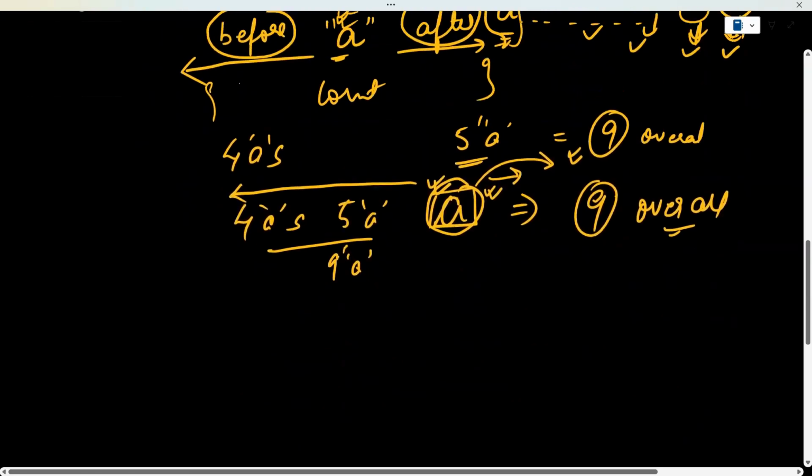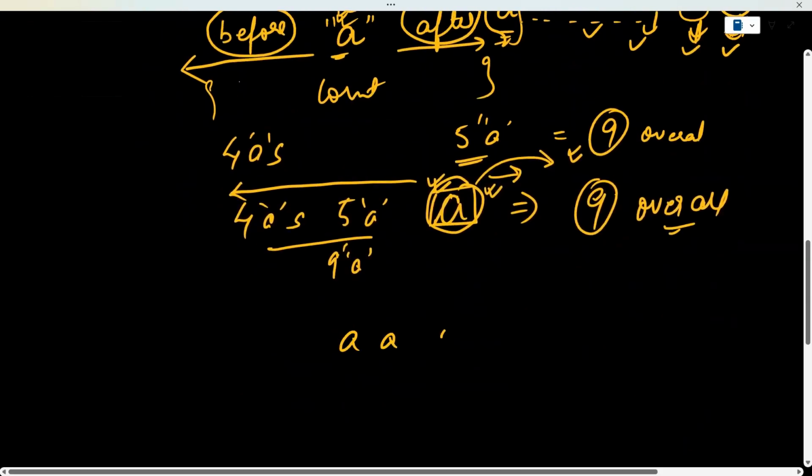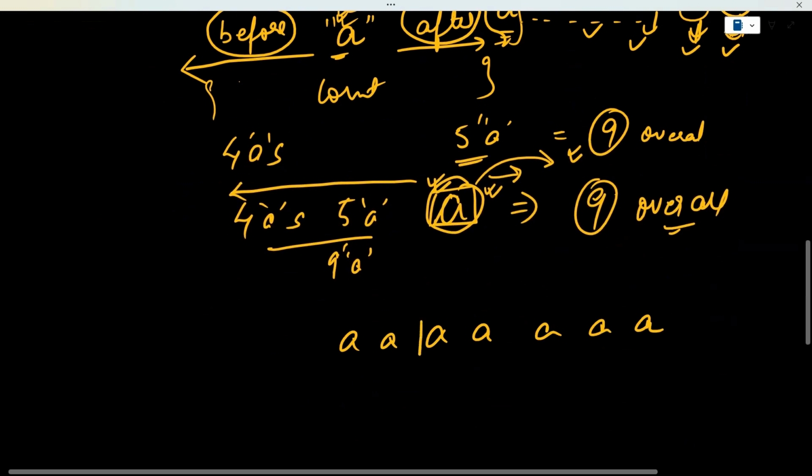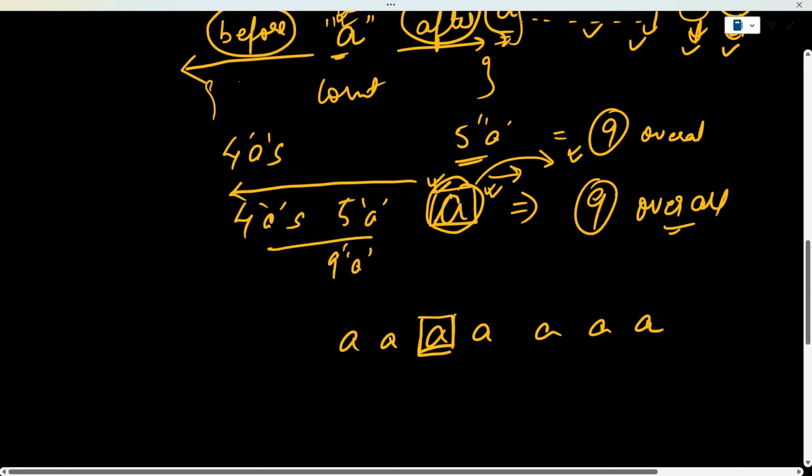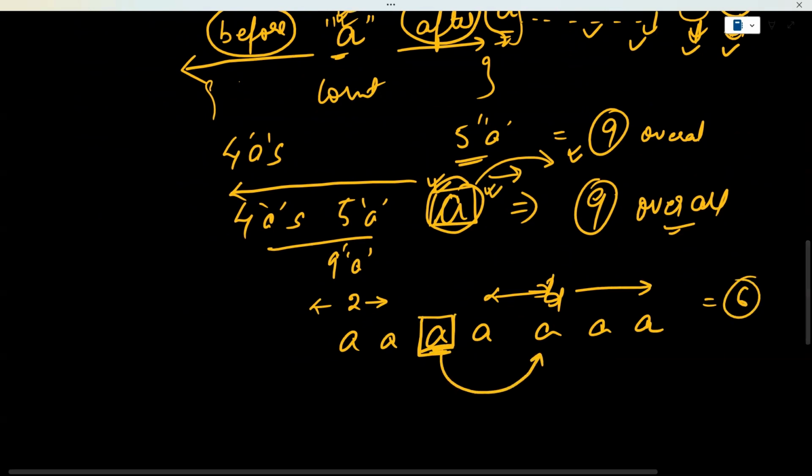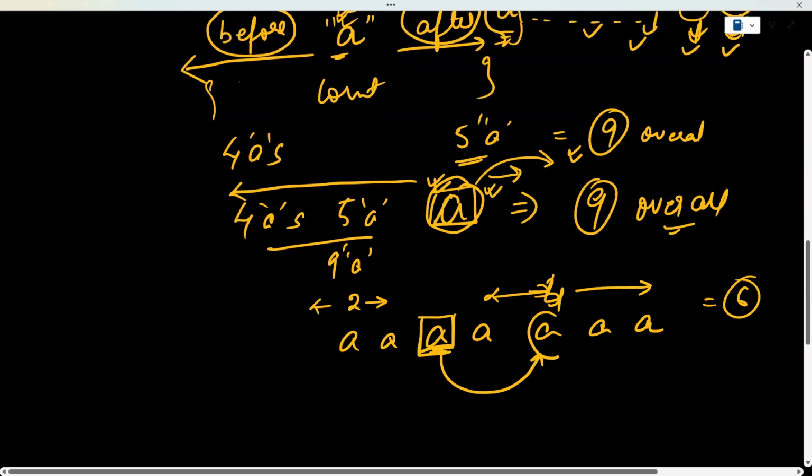Now, let's see one more intuition. Suppose we have this A. If I want to say what will be the cost of this A, how it will impact the overall cost, that is 2 A's before and 4 A's afterwards. That means overall cost will be 6. Now, let's suppose we have shifted this A here. Now, what will be the cost?